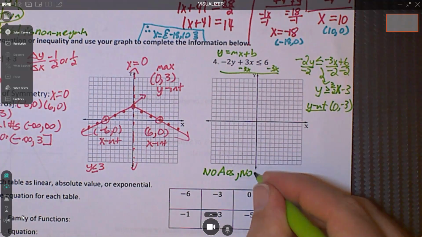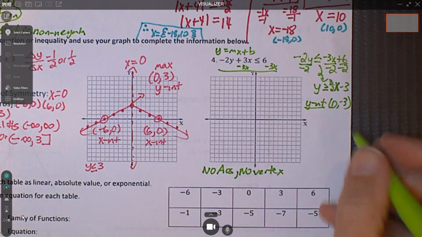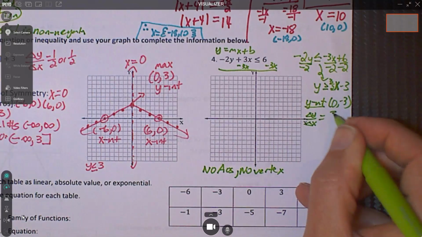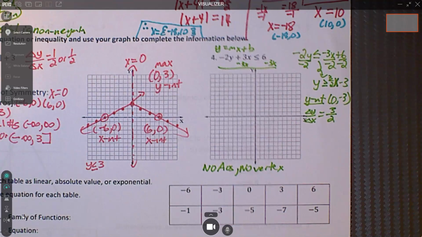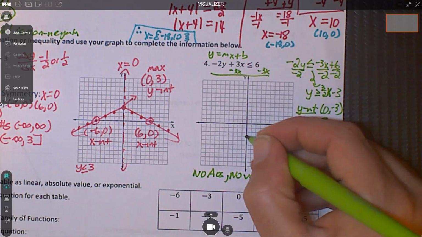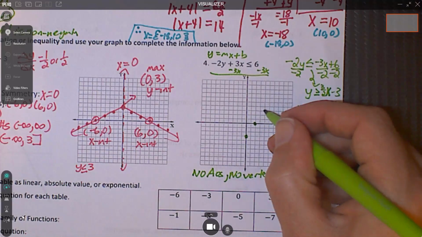Lines don't have a vertex or an axis of symmetry. It's only 3/2 is the slope. Okay, I might have to get the x-intercept, but let's graph it. Up 3, right 2, forever.